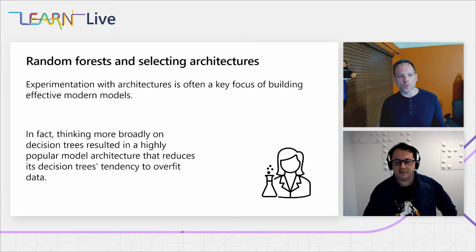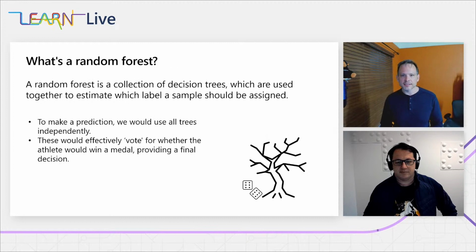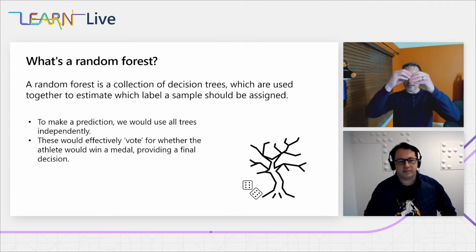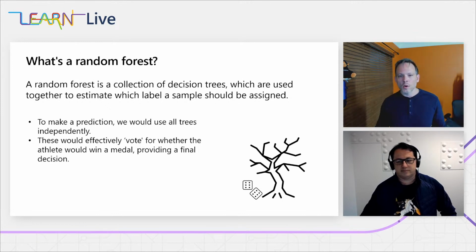So what we do with a random forest is create multiple trees. So instead of having just that one tree and splitting on the data and letting each example drop through it, what we're going to do instead is create many trees.